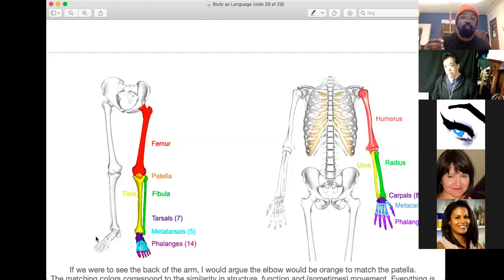We cannot move our fibula in the same way that we can move our radius, or else that would really hurt and probably not be safe.